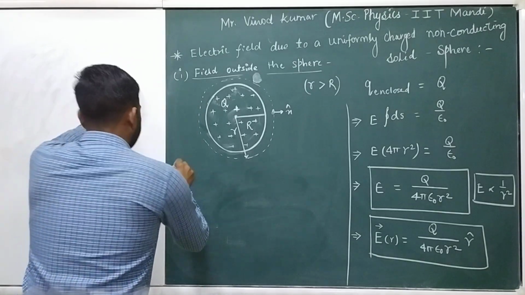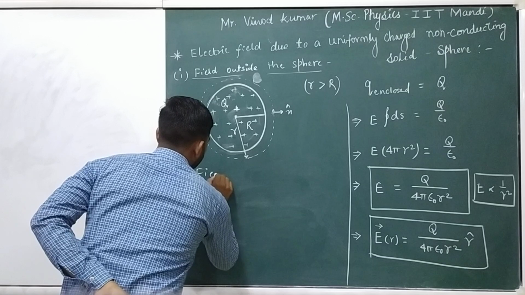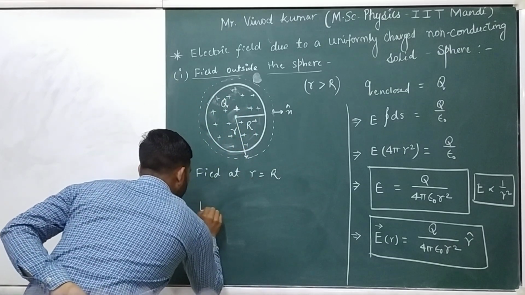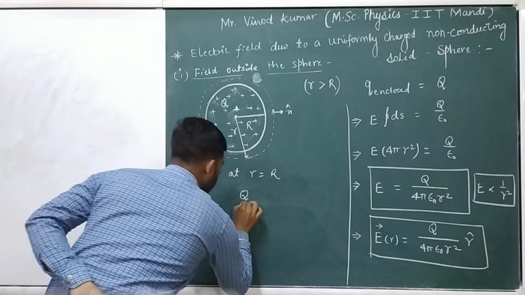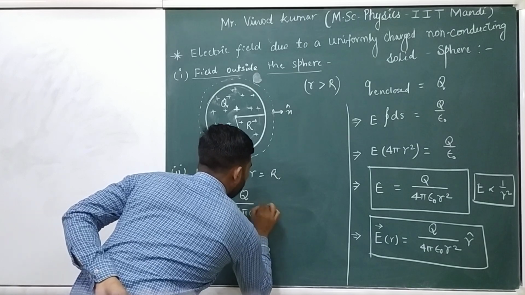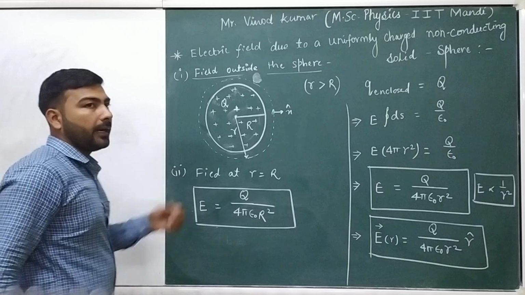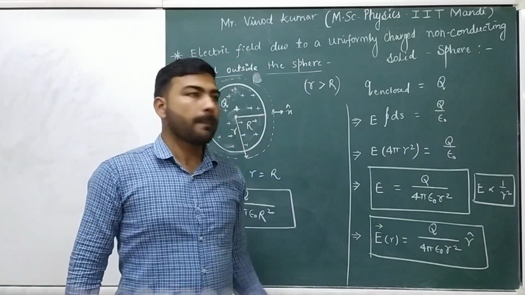So we can write here, field at r equals to R. So electric field will be E equals to, because the charge is the same here, Q upon 4 pi epsilon naught R square. This is the electric field at a point at the surface of the solid sphere.